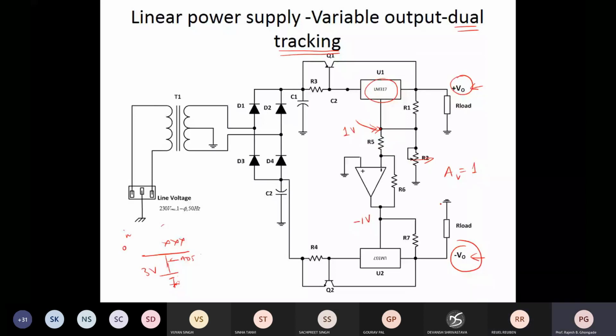So correspondingly, the voltage appearing at the adjustment pin of this particular device will also now be minus 1 volt, and it will have a similar kind of output. What I'm doing is trying to have the same magnitude of voltages between these 2 points. Of course, the polarities will be different because this is a negative regulator and this is a positive regulator. Understood now?